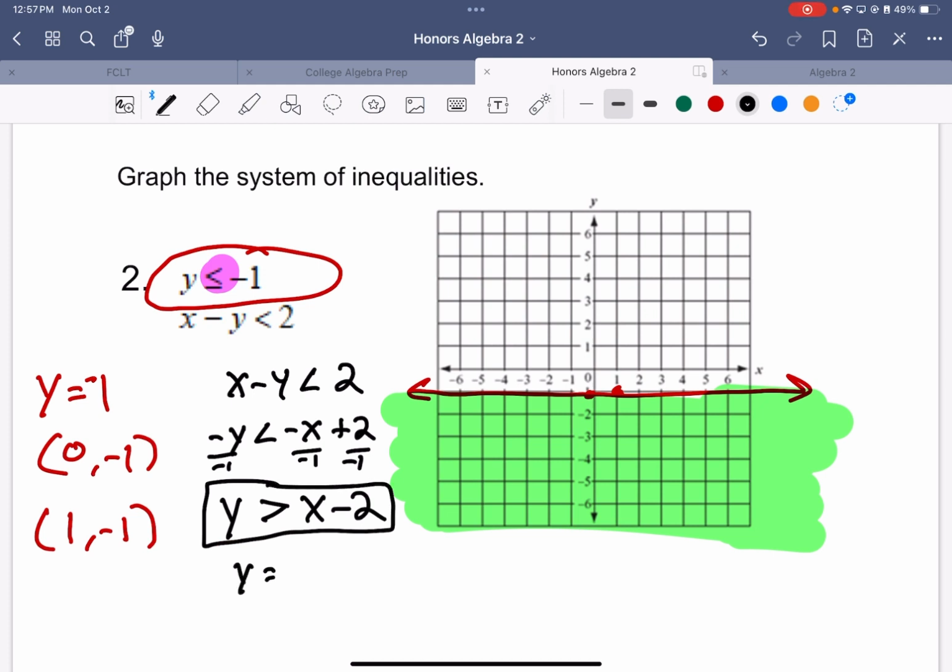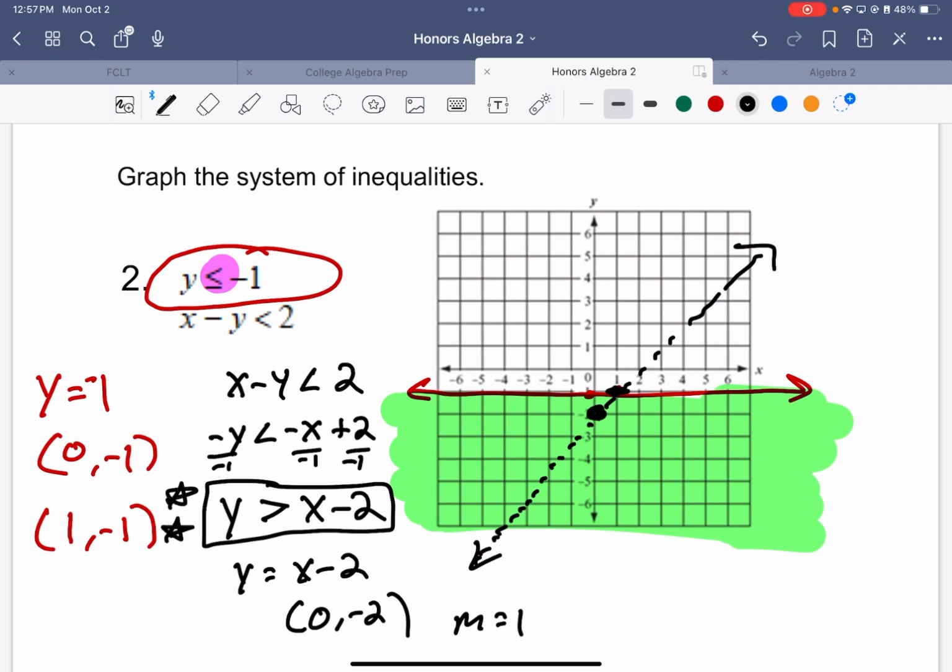So now we can write that as an equation. Our y-intercept is (0, -2). Our slope is 1. So that's up 1 over 1. It's a dashed line. And now this is kind of the important part. Make sure you use that one.